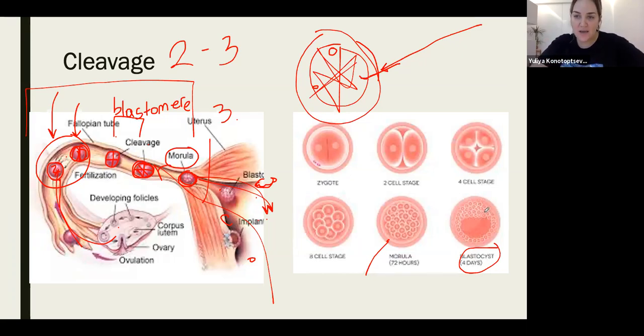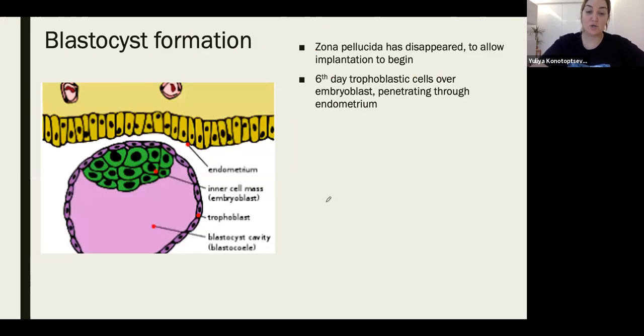Some cells of the morula start to accumulate in the center, and some cells start to accumulate in the periphery. Why? To make sure that there is a cavity, so fluid can actually enter into that cavity. This structure is definitely not a morula. This is called a blastocyst.